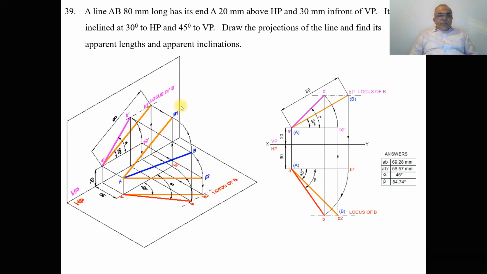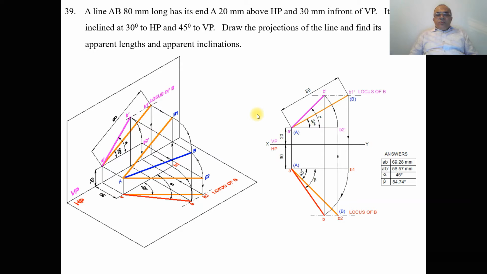So we have got this line and this line, and when it is projected onto the respective planes, we are going to get a dash b1 dash in the front view and a b2 in the top view. The inclination made by this will be 45 degrees.